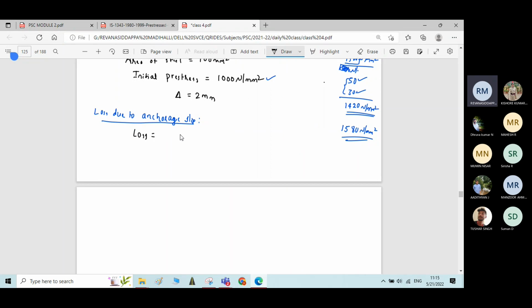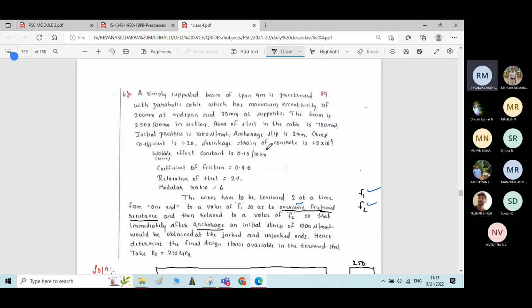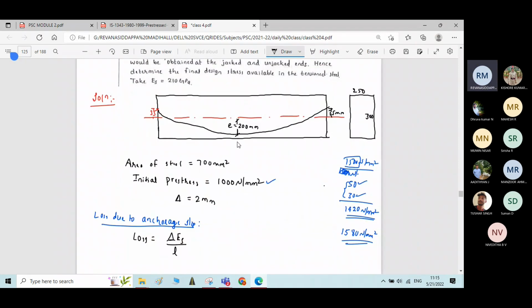Loss is equal to delta times Es divided by L. Okay, delta Es by L. And anchorage slip value is given, it is 2 mm. Okay, Young's modulus of steel is also given. Length of the beam is also given, 9 meter span. Length of the beam is 9 meter.